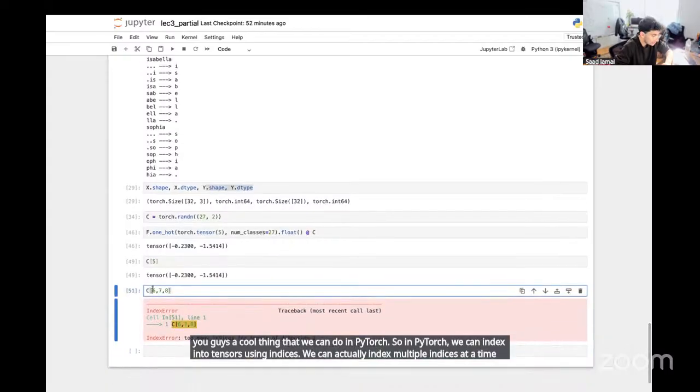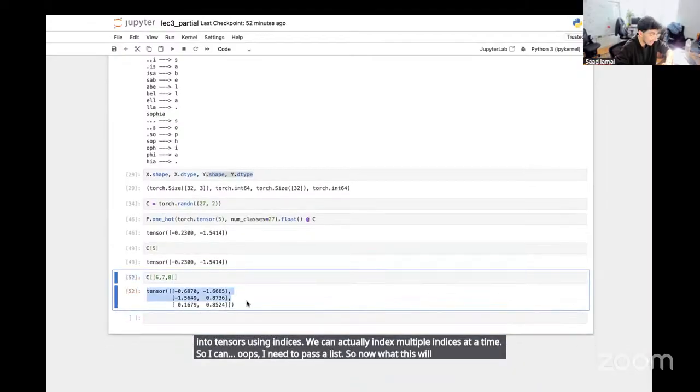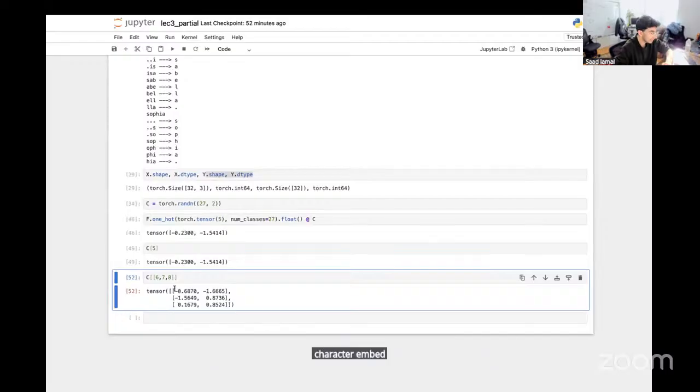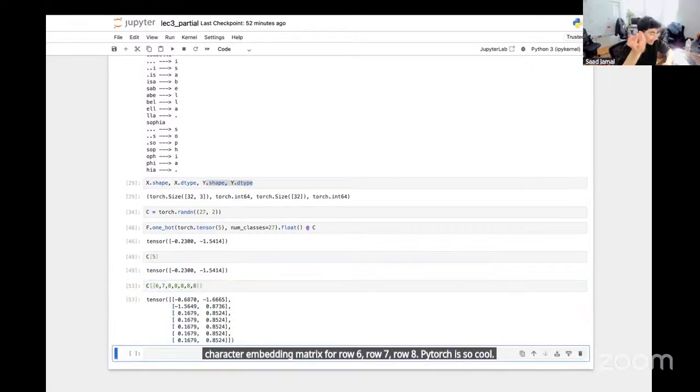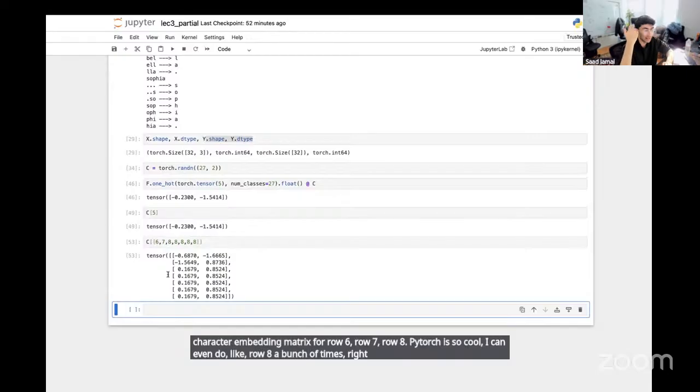Oops, I need to pass a list. Now this gives the rows of the character embedding matrix for row 6, row 7, row 8. PyTorch is so cool, I can even do row 8 a bunch of times, right? PyTorch has really great support for indexing.